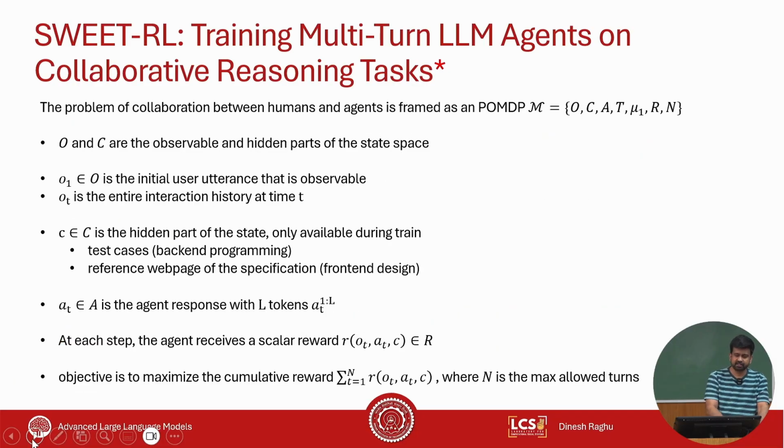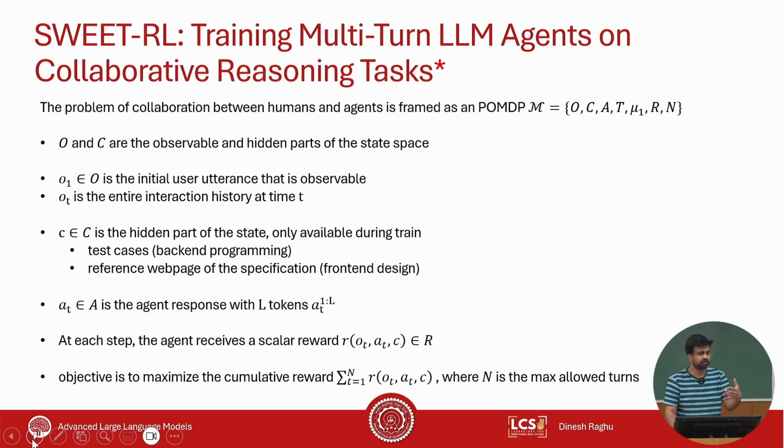So this is a more formal definition of what this POMDP setup looks like. In a POMDP, your environment is not fully observable. In this example, the user's mind has the web page in it, but they will express it only with text, and the text is not complete.